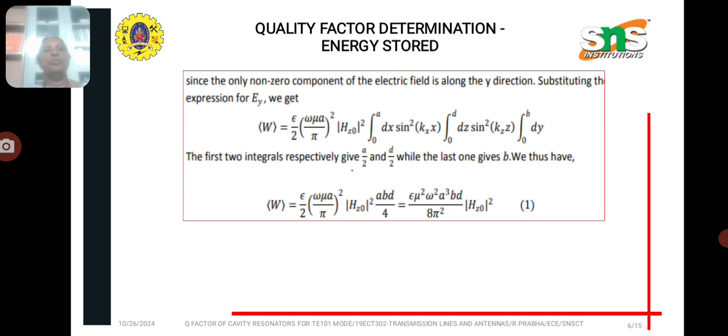Here the two integrals respectively give a by 2 and d by 2, while the last one gives b.